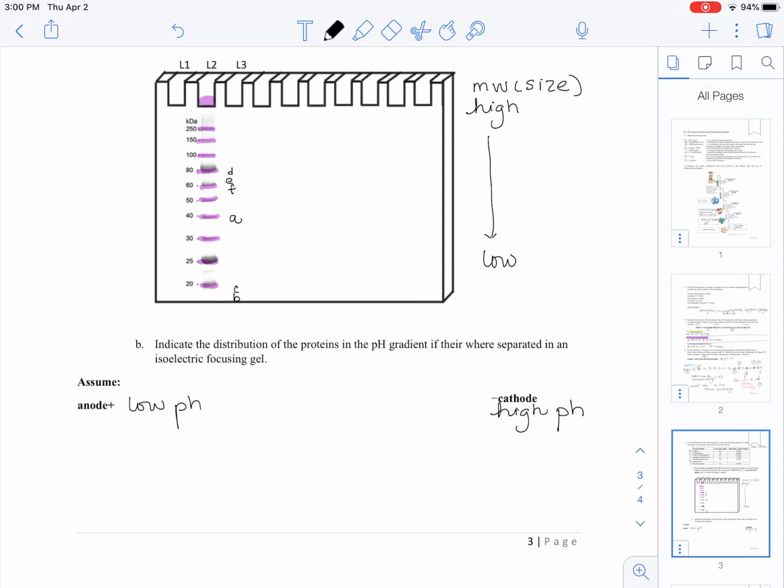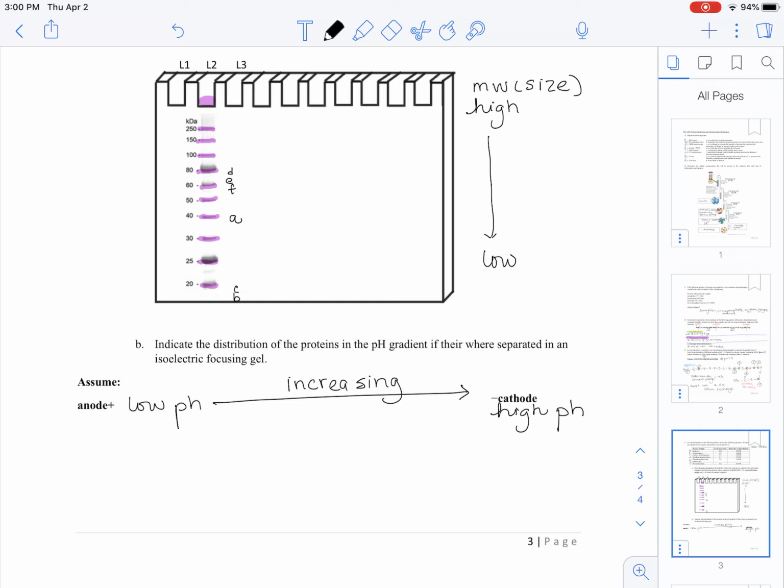So that means that the pH is going to be increasing as it's moving from anode to cathode. Since that is going to be the trend, you have to accommodate these in increasing pH units.